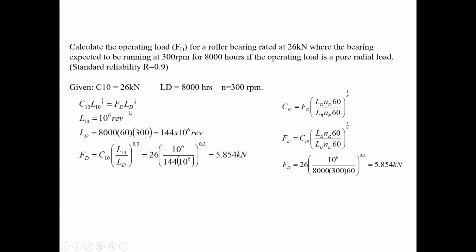Substitute inside; L10 is fixed and LD is calculated out. Since C10 is given, rearrange it and we get the desirable F, the force. Either you use this formula or this one, it is the same.